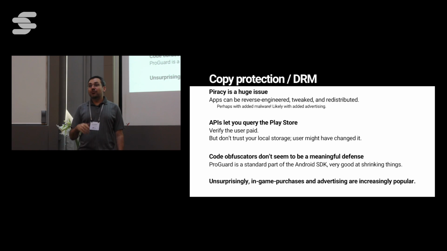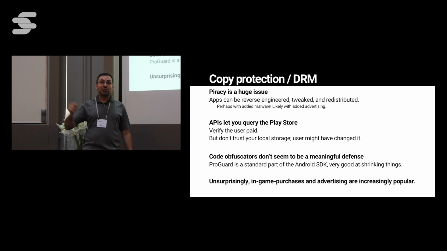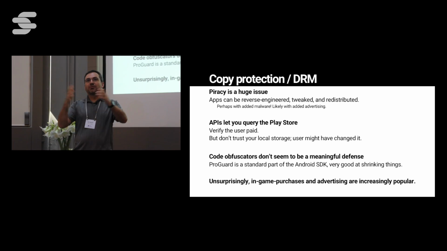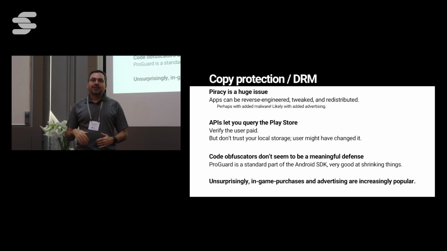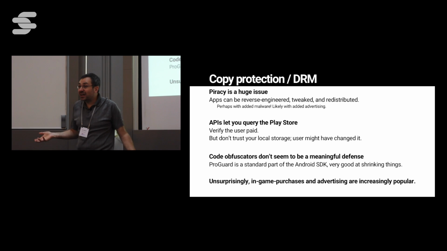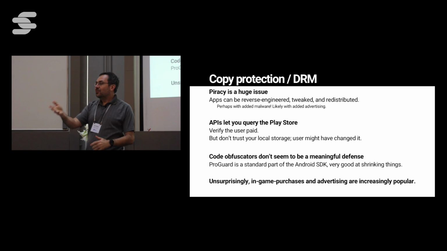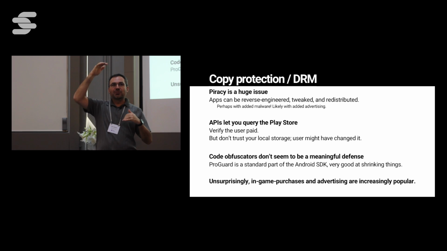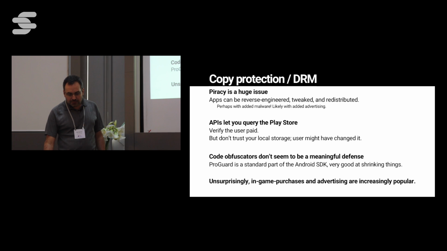So an app can, at runtime, say, have I been authorized? Did the user pay for me? But somebody who's going to go to the trouble of reverse engineering and decompiling could jam a branch around that. So now I need to put that check in hundreds of places in my code. Again, I can make it harder and harder, but the reverse engineering people are probably going to win. Anyway.